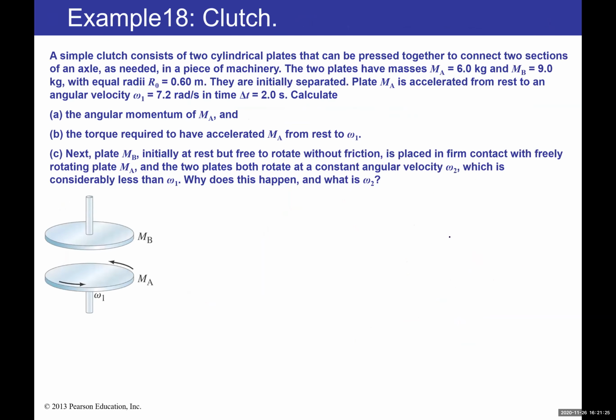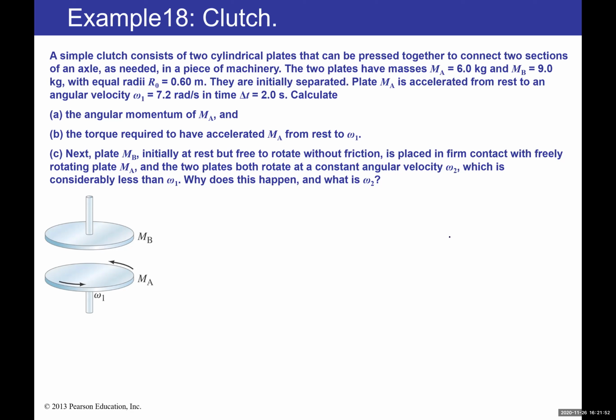All right, so here's another example, which takes into account two discs, two cylindrical plates. A simple clutch consists of two cylindrical plates that can be pressed together to connect two sections of an axle as needed in a piece of machinery. The two plates have masses MA equals 6 kilograms and MB equals 9 kilograms with equal radii, which is 0.6 meters.